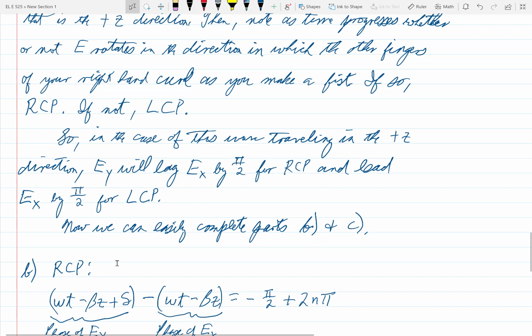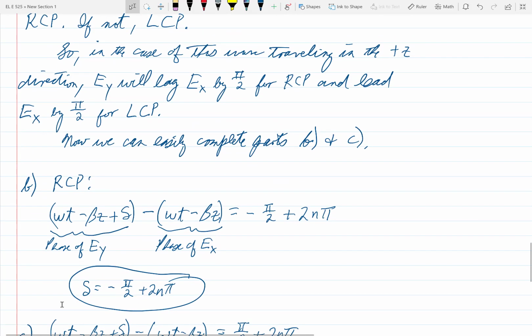So for right circular polarization, remember, Ey lags, so the phase of Ey, which is omega t minus beta z plus delta, minus the phase of Ex, which is omega t minus beta z, is equal to minus pi over 2 plus 2 n pi.